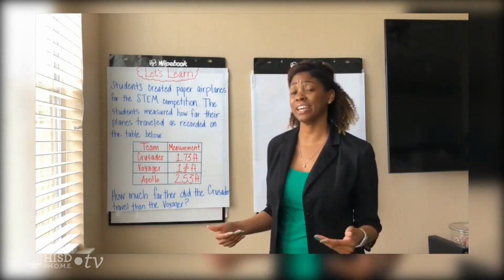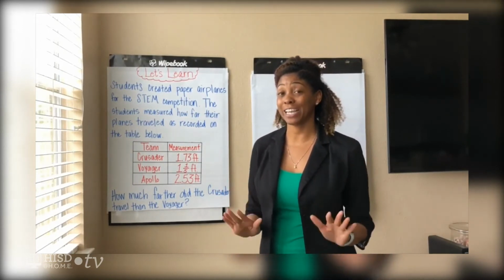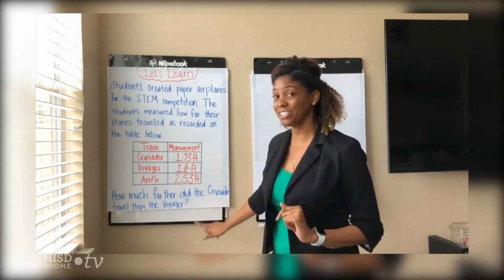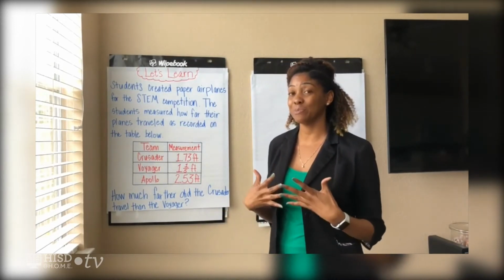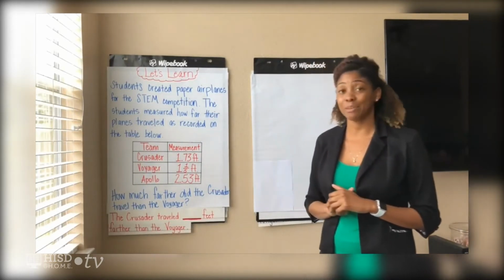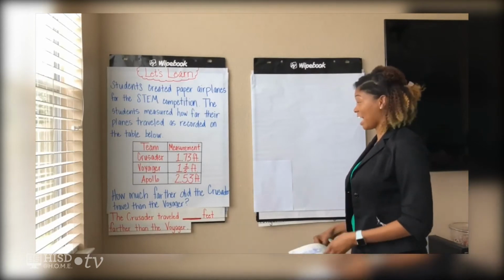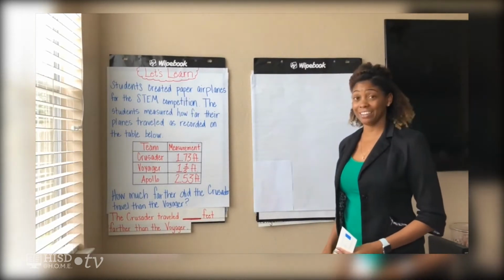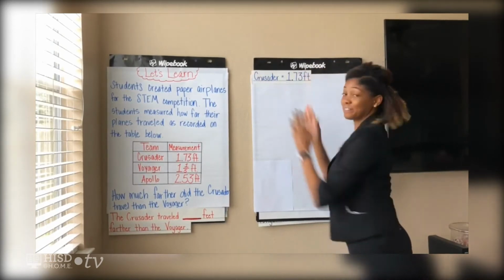So to answer that, I have an answer statement. On your paper, I want you to create an answer statement for this question. And while you're doing that, I'm going to put up the answer statement that I feel would be great for this question. So let's go look at our table. The one thing it tells me is that the Crusaders actually measured 1 73/100 feet.